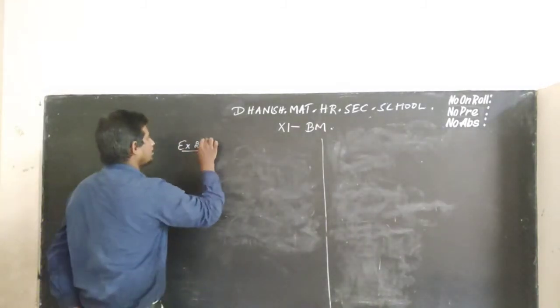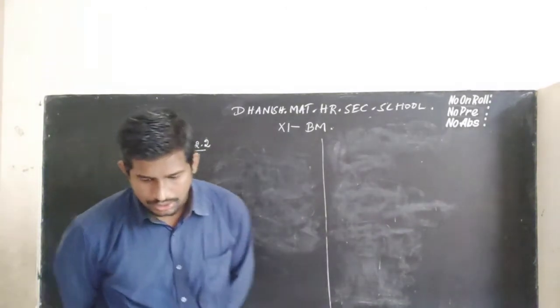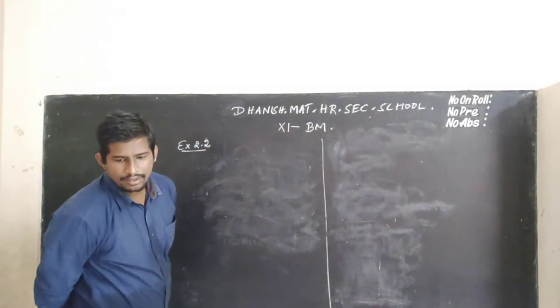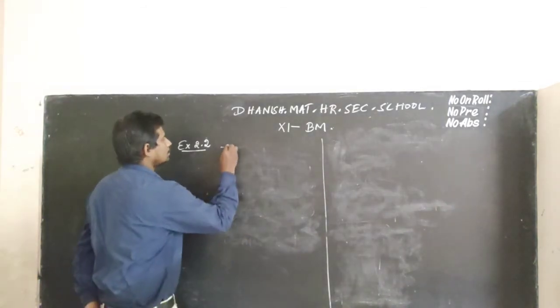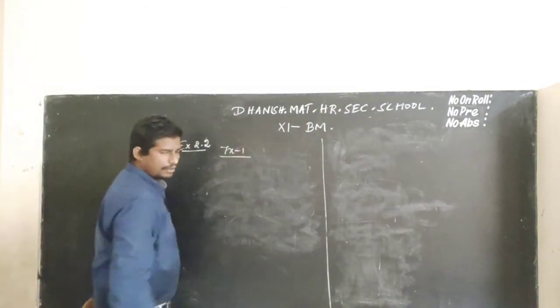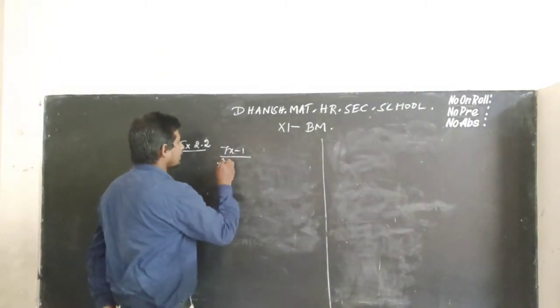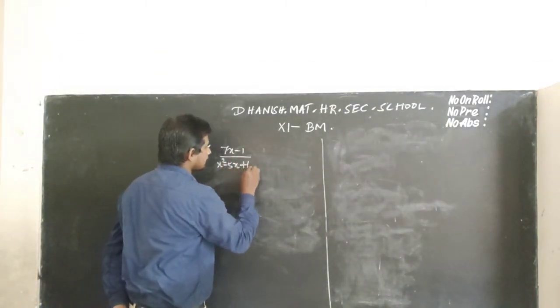This sum is also based on type 1. 7x minus 1 divided by x square minus 5x plus 6.